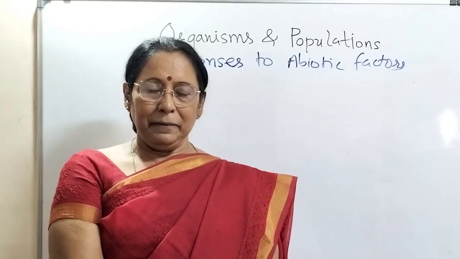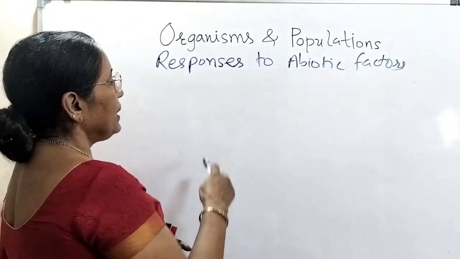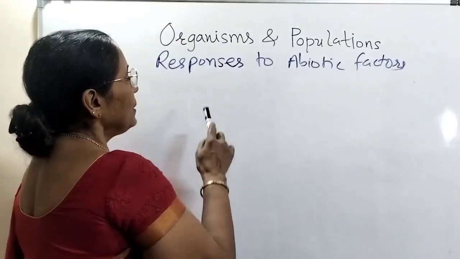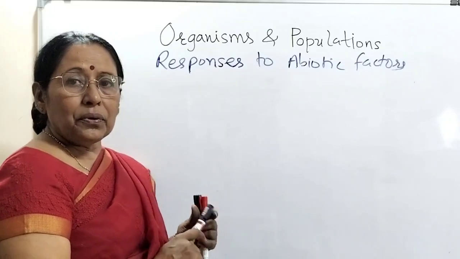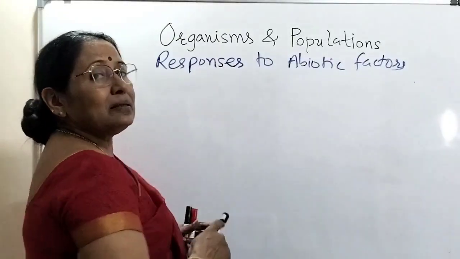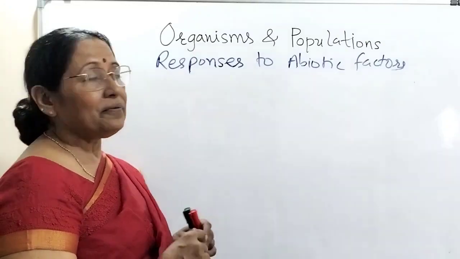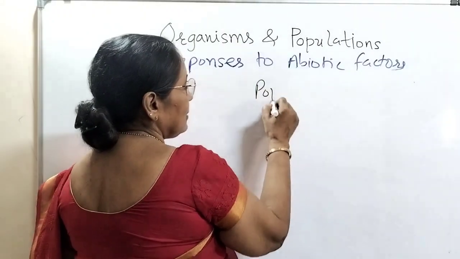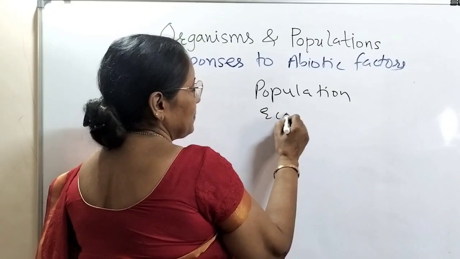Please go through it. In today's video, we will be discussing the topic responses to abiotic factors from the chapter Organisms and Populations. No topic of this chapter, Organisms and Populations, can be understood by the students properly if their concept of what is population and what is ecosystem is not clear.